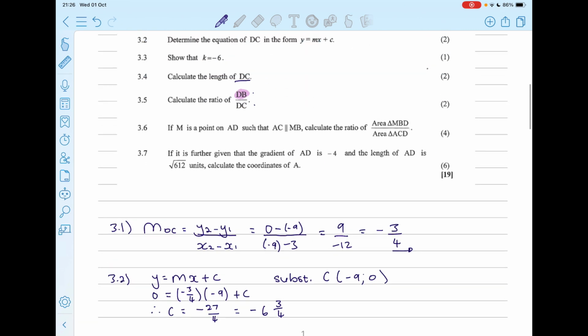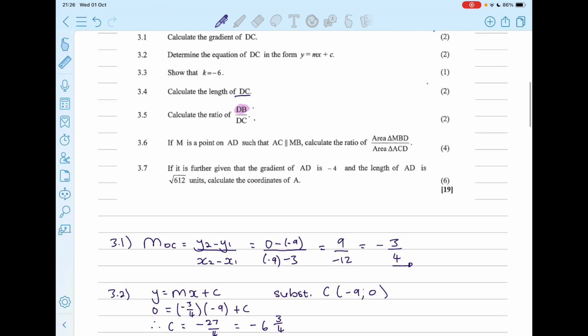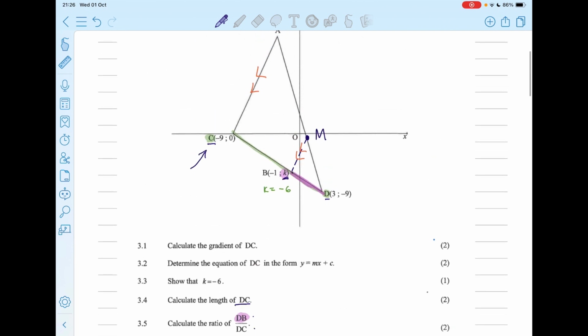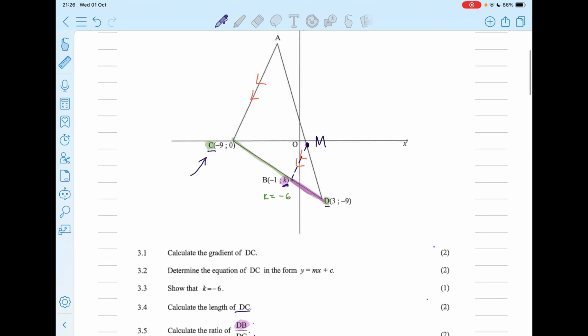So that means we can get the ratio of the areas, right? But we don't have the areas, and we know the area is half base times height, but you need a perpendicular height, and we don't have any information to get that.